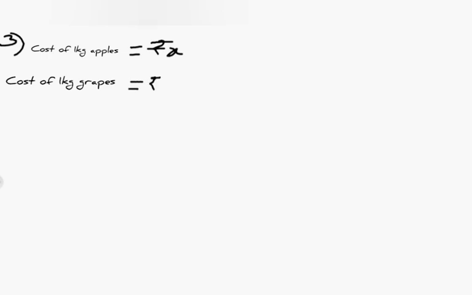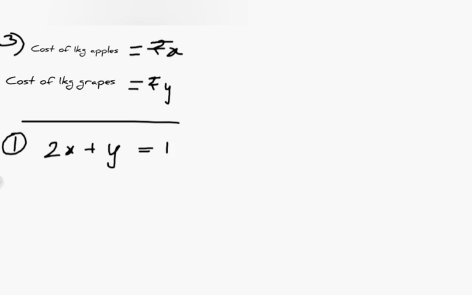Now the third question: the cost of 2 kg of apples and 1 kg of grapes on a day was found to be rupees 160. After a month, the cost of 4 kg of apples and 2 kg of grapes is rupees 300. Represent this situation algebraically and graphically. Let us assume the cost of apples to be rupees X and the cost of grapes to be rupees Y. In the first case, 2 kg of apples is 2x, since rupees X is the cost of 1 kg of apples, and 1 kg of grapes, that is Y, is equal to rupees 160.